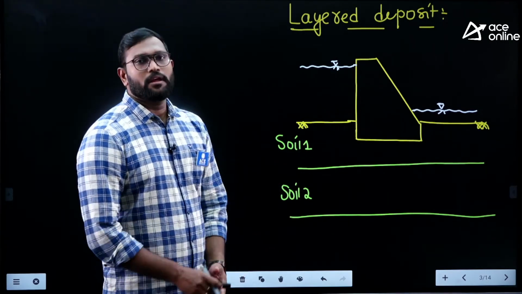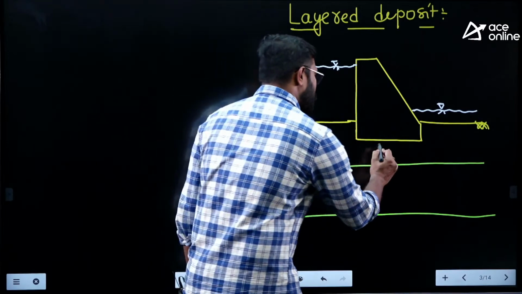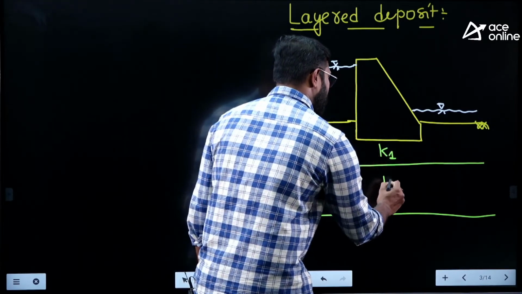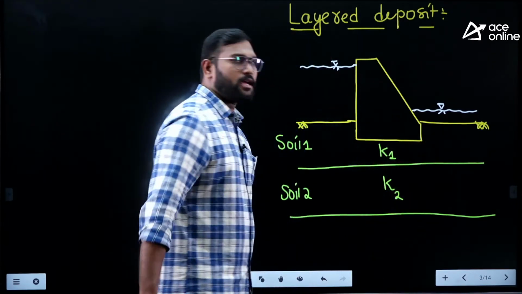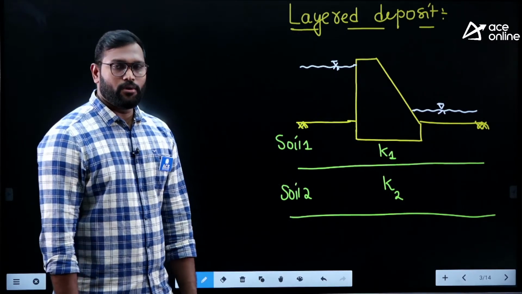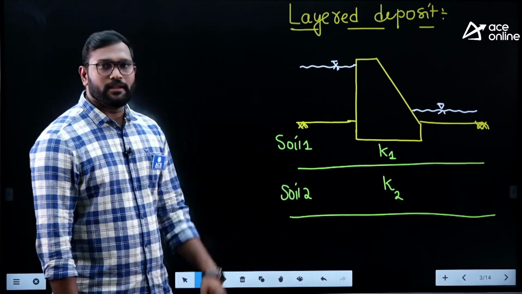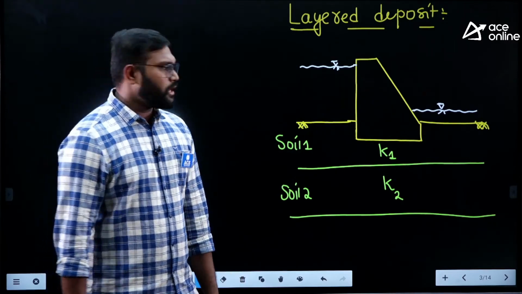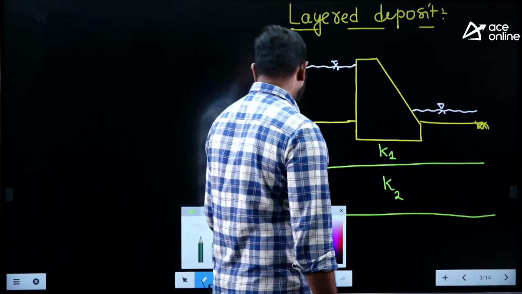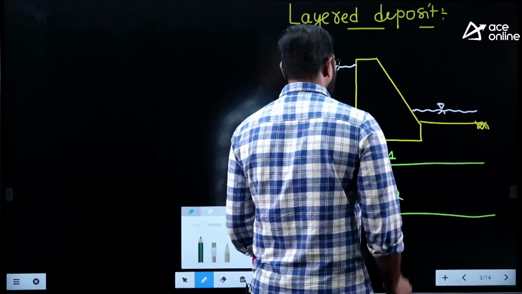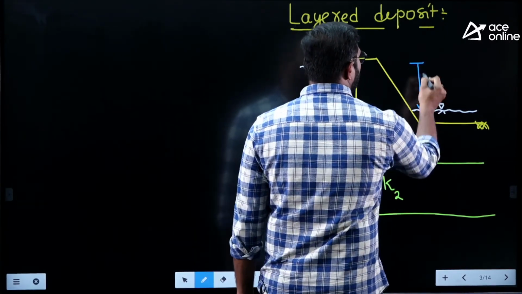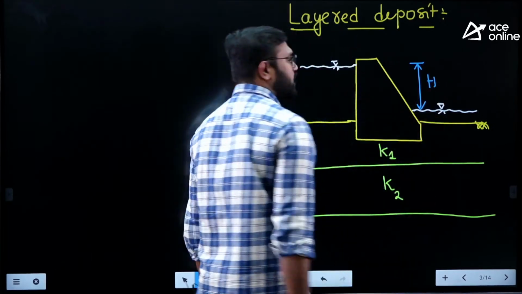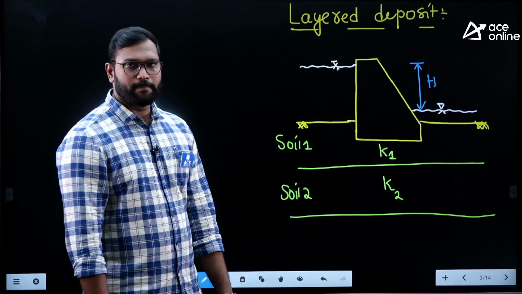So let's represent the permeability coefficient for soil 1 as K1 and for soil 2 as K2. These two soils have different permeabilities. Now, due to the difference between the water levels, flow definitely starts to happen through the soil.